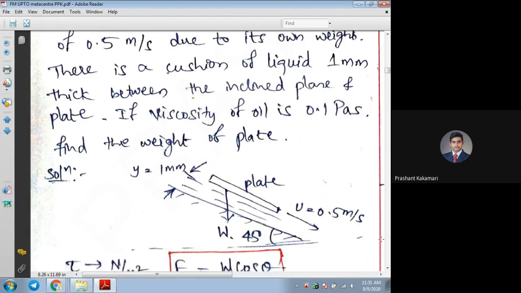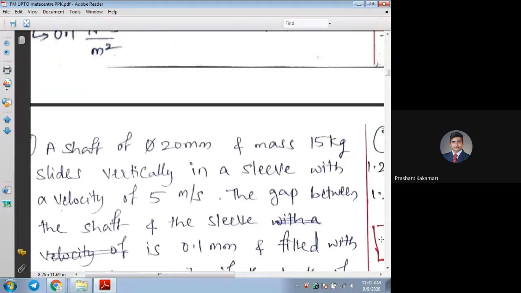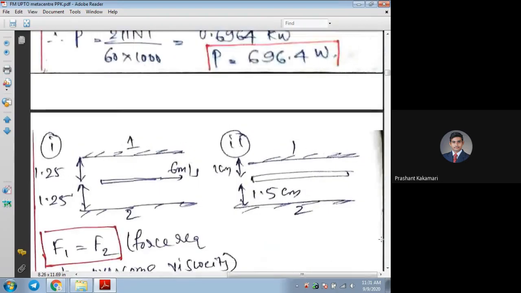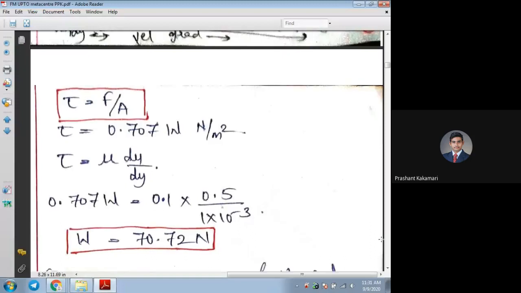So one can write the force applied by the plate in the inclined direction as W cos theta. The direction on the inclined side shown is the force applied by the weight. W is not known, but I can write the cos 45 value. Once this is known, I will take Newton's law of viscosity, F by A equal to mu into du by dy.